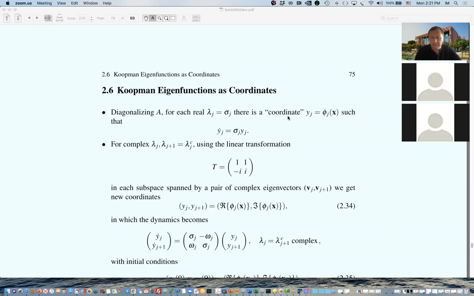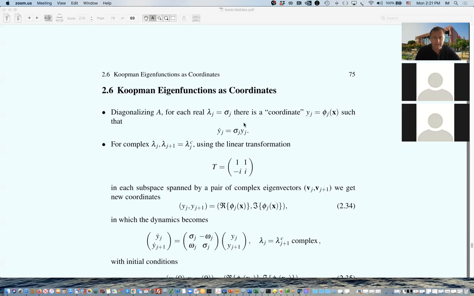The coordinate yj can be defined as simply the eigenfunction. Remember, phi j was an inner product of x with wj, which is the dual eigenvector. And this eigenfunction then satisfies phi j dot is equal to sigma j phi j.